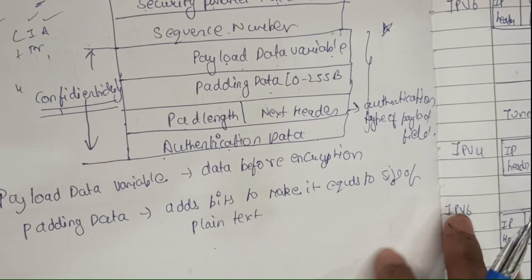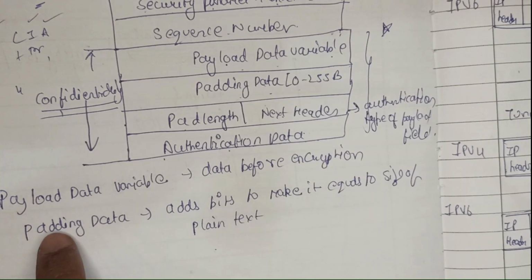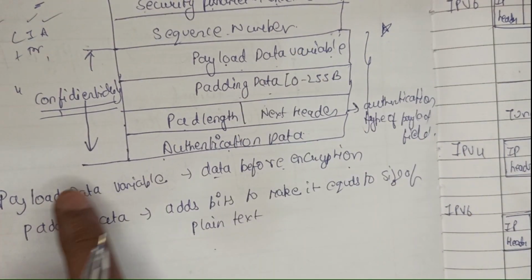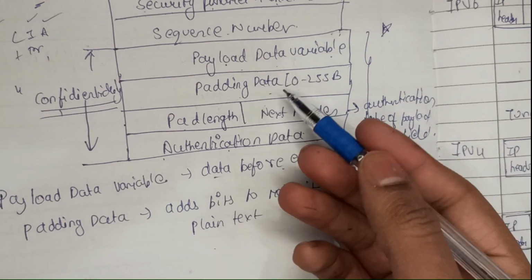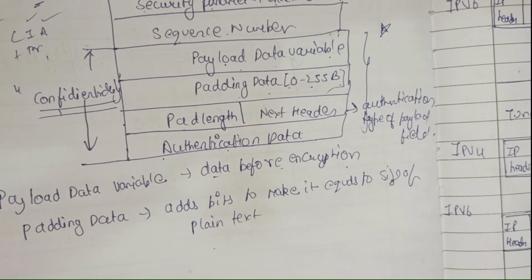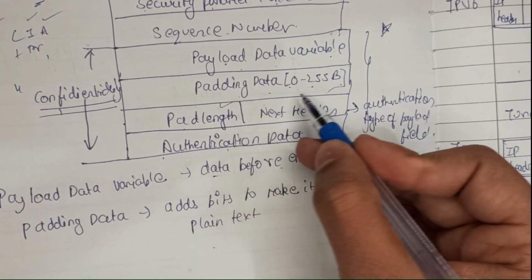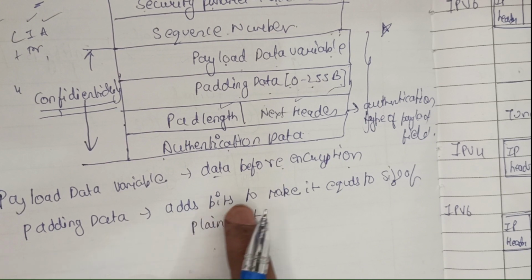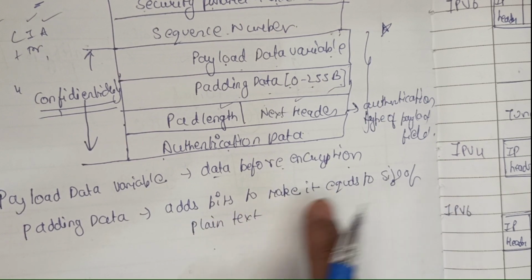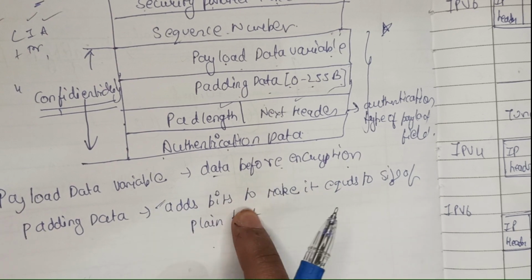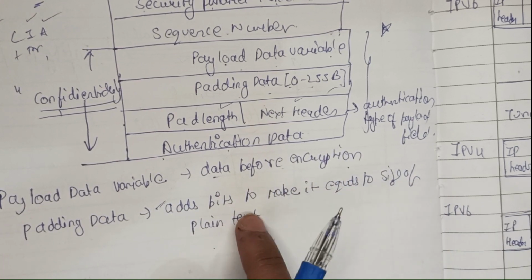So what is payload data variable? Data before encryption is known as payload data variable. Now padding of data is done from 0 to 255 bits. It consists of two things, pad length and next header. Padding data adds bits to make it equal to the size of the plain text.